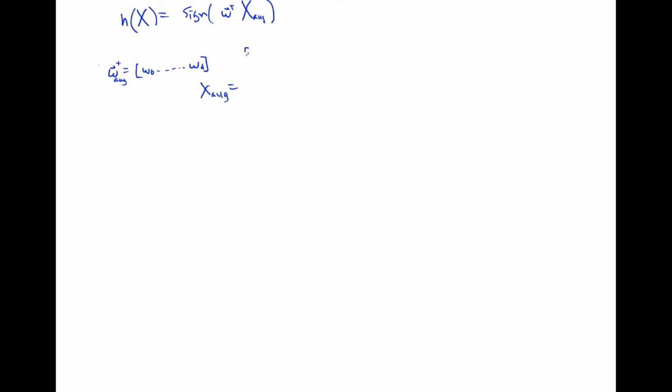X augmented, we said, is going to have X1 vector augmented up to and including Xn vector augmented. So if we do this multiplication, W augmented transpose times X aug, we take this vector W, multiply it by X1 aug, this vector W, multiply it by X2 aug, this W vector times X3 aug, and so forth, up to and including this W vector Xn aug.